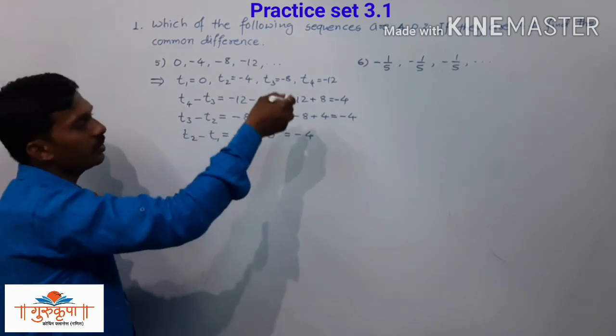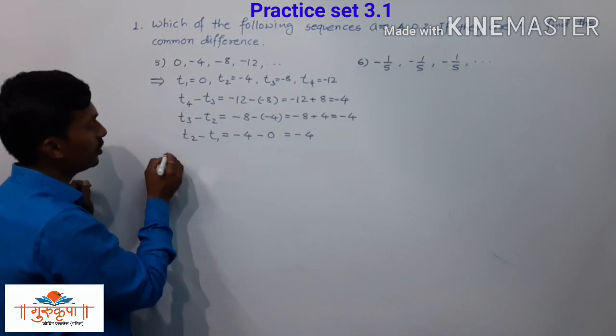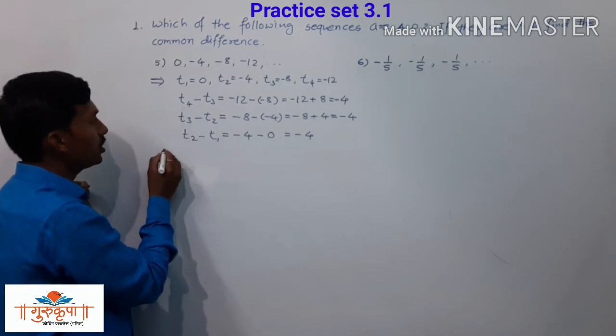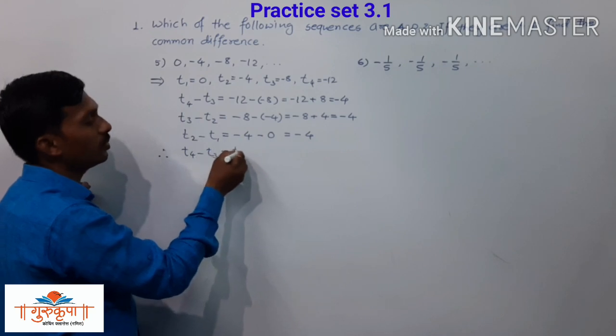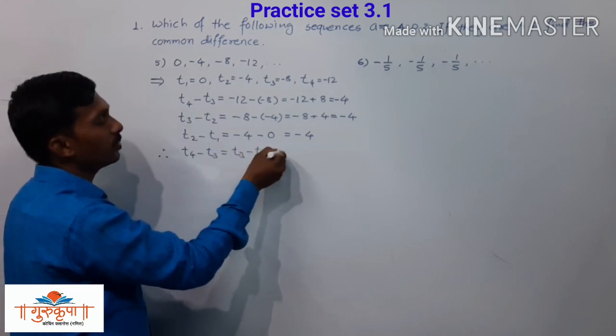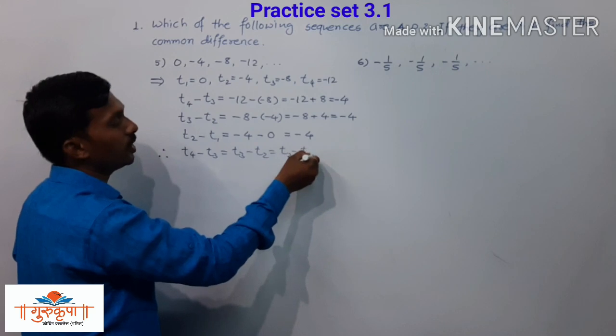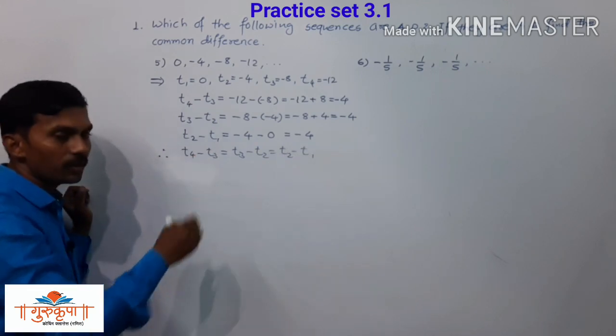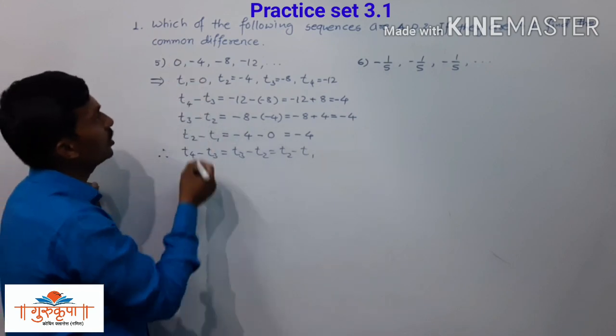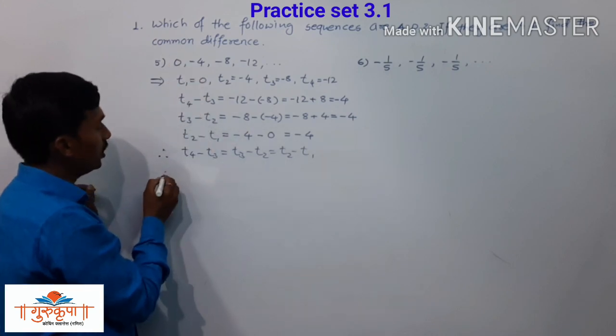And now everywhere the common difference is the same, so we can write: since T4 minus T3 is equal to T3 minus T2, which is equal to T2 minus T1, everywhere the common difference is the same, so the given sequence is an AP.